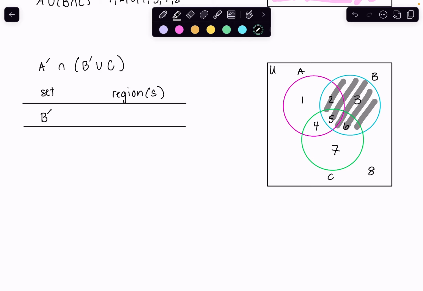And so the complement of B is everything out here. So it is 1, 4, 7, and 8. So I no longer need that shaded bit. So that's 1, 4, 7, 8.